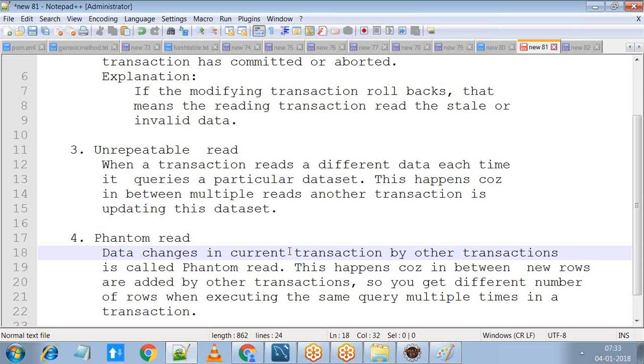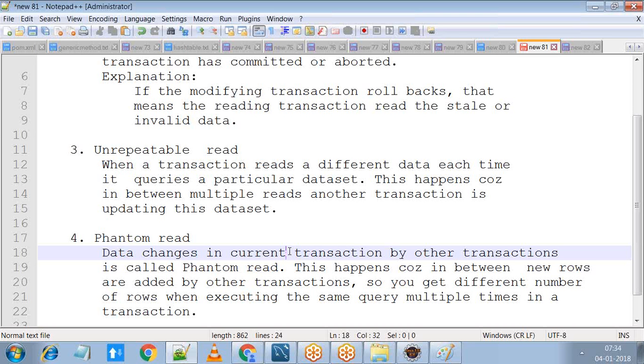That's the difference here. So that is about phantom read.